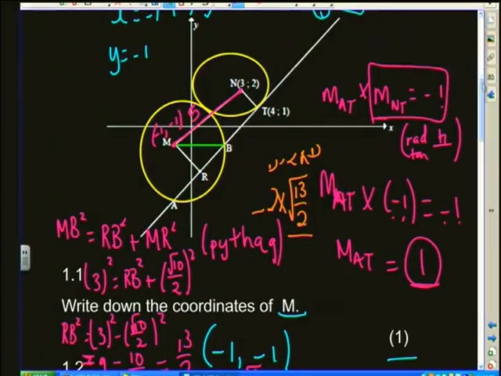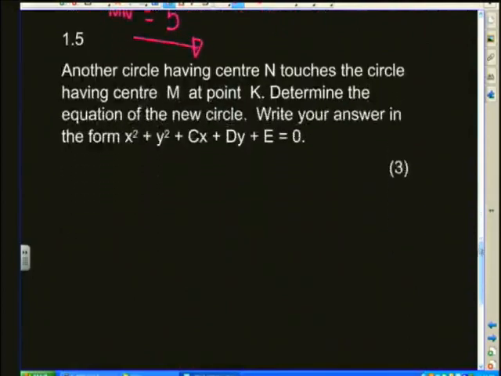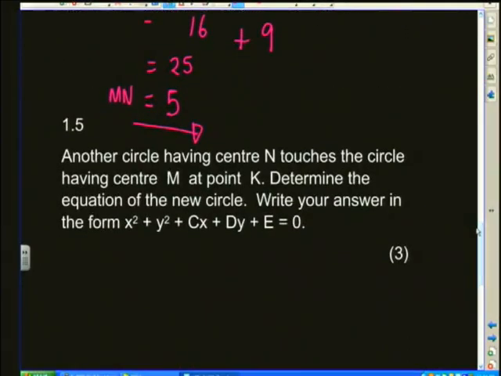Okay. Let's have a look at part 5. This is the last part of the question, I think. Yes, it is. Okay.